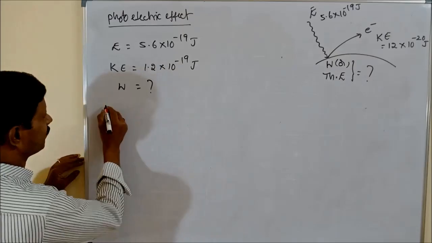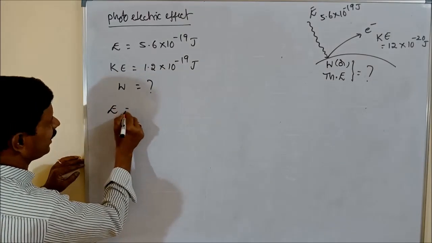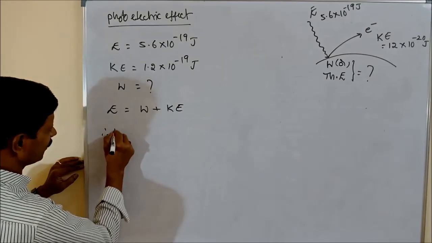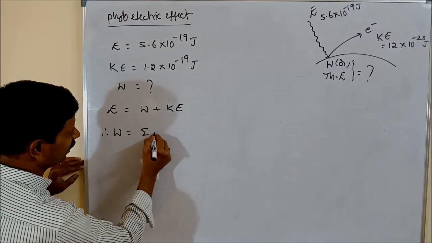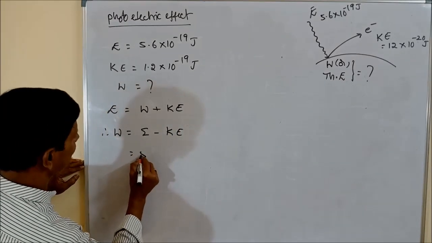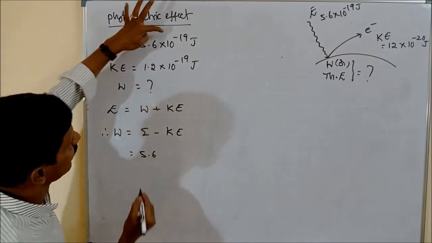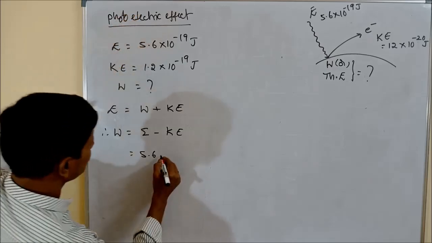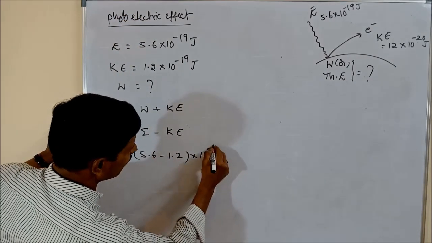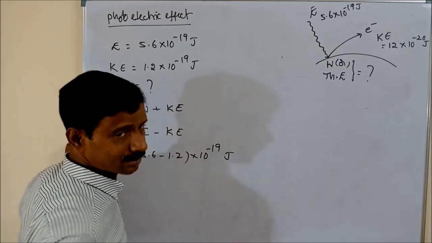Now, as per the relation E equals W plus KE, therefore work function equals E minus kinetic energy. So that indicates 5.6, since 10 power minus 19 is common, minus 1.2 into 10 power minus 19 joules.